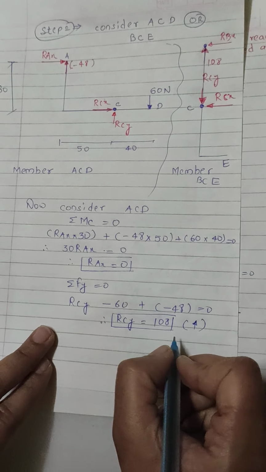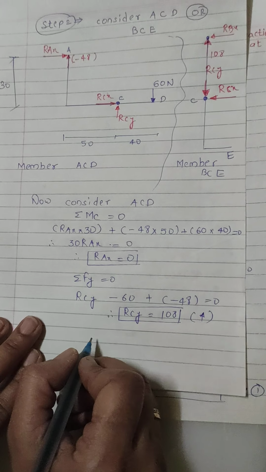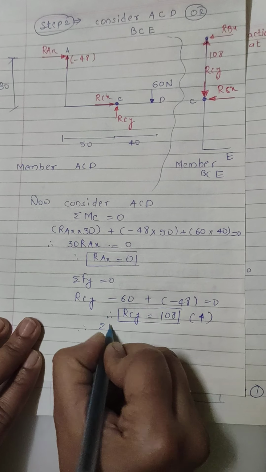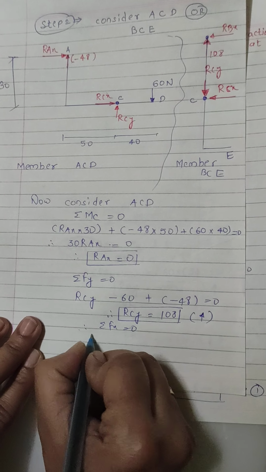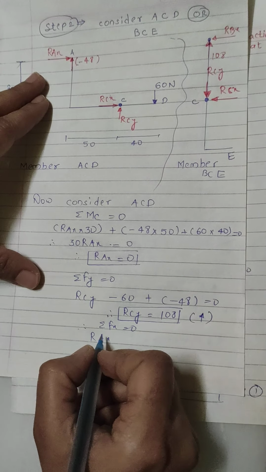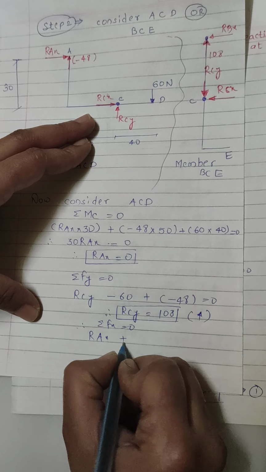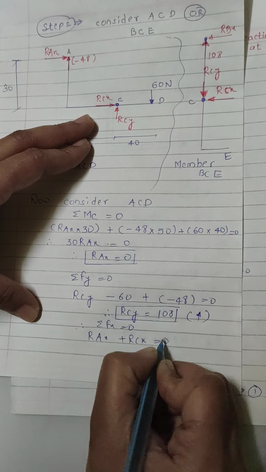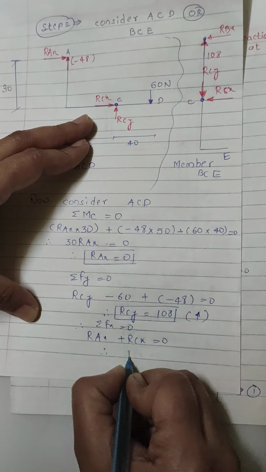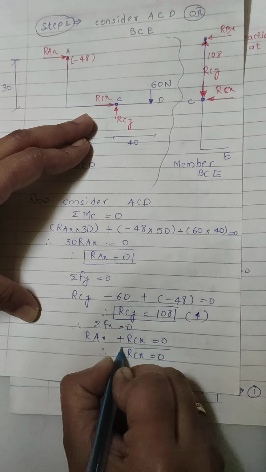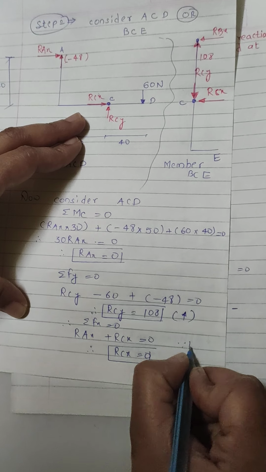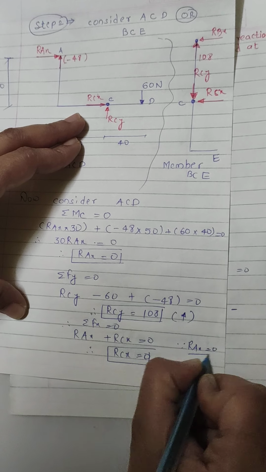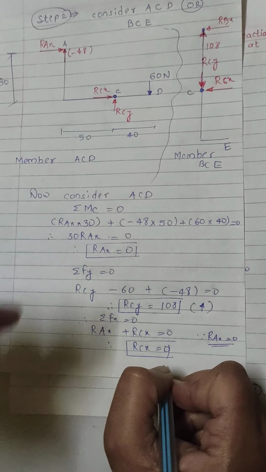It is acting upward. Now summation Fx equals 0. RAX is acting rightward, so plus. RCX is acting rightward, so plus. Since RAX is 0, the value of RCX will be 0.